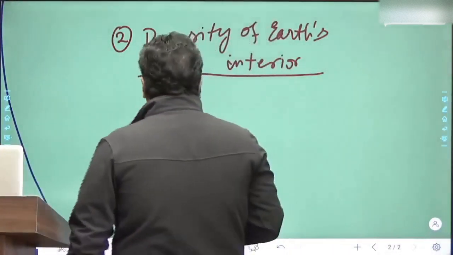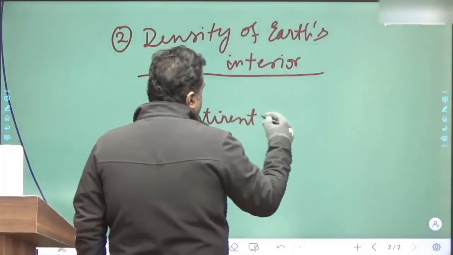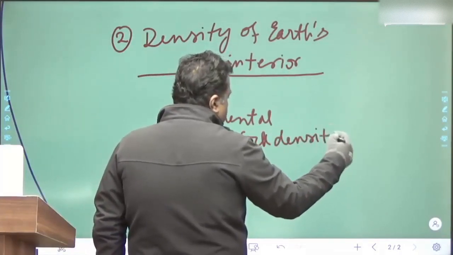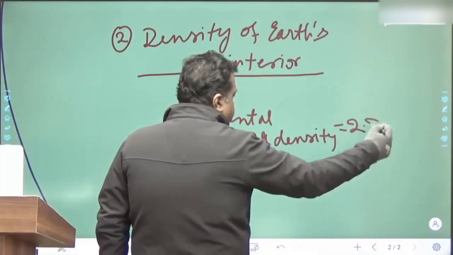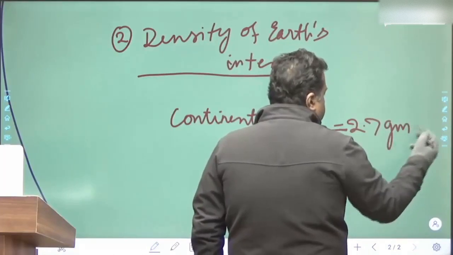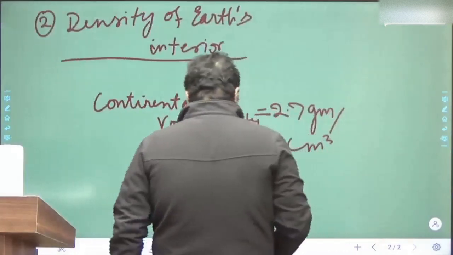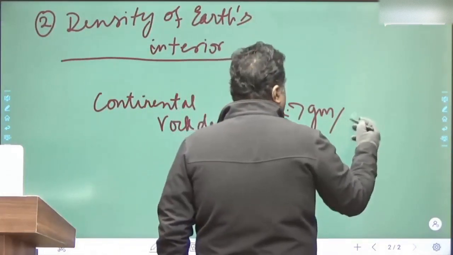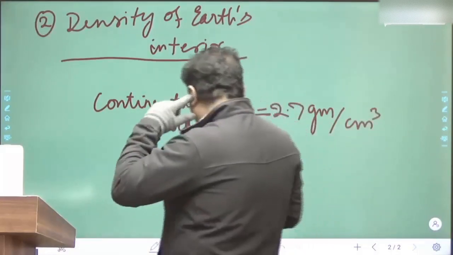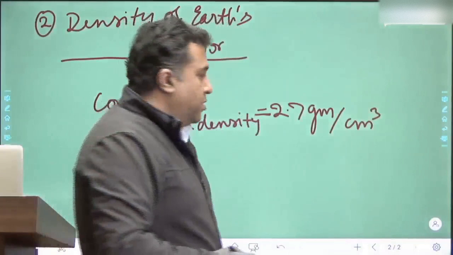So what we find is that the continental rock density is 2.7, please do write all this, 2.7 grams per centimeter cube. Right, the continental rock density is around 2.7 grams per centimeter cube.